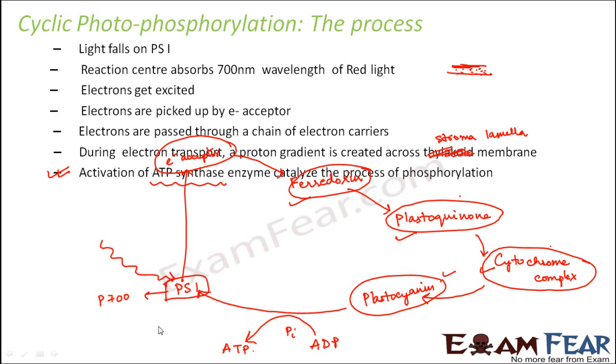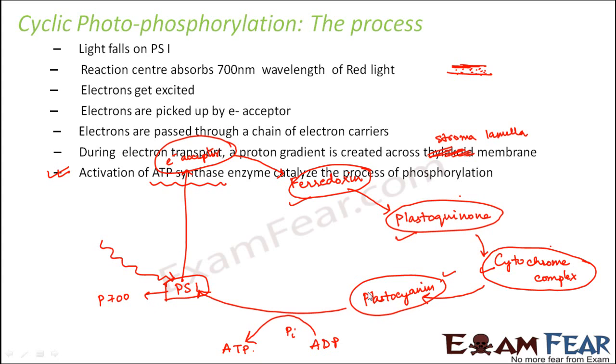Here, while the electron passes through so many electron carriers, it never reaches NADP+. You see, in the electron transport chain, NADP+ has never come, because had it reached NADP+, NADPH would also have been formed, like in non-cyclic photophosphorylation. But here it never encountered NADP+. Why?